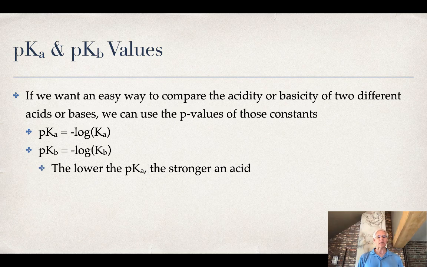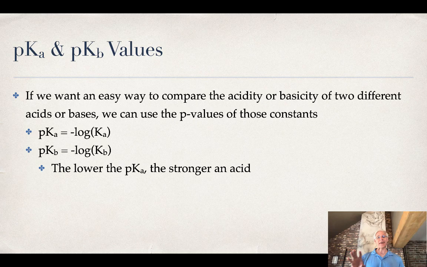Kind of like the way that pH works, the lower the pH is, the more acidic a solution is. Well, that means that the lower the pKa is, the stronger an acid is. Because remember, your Kas generally have negative exponents for your weak acids.